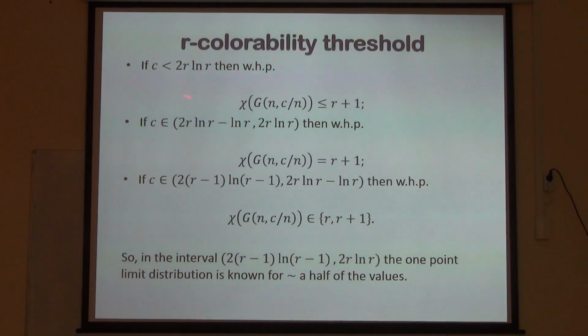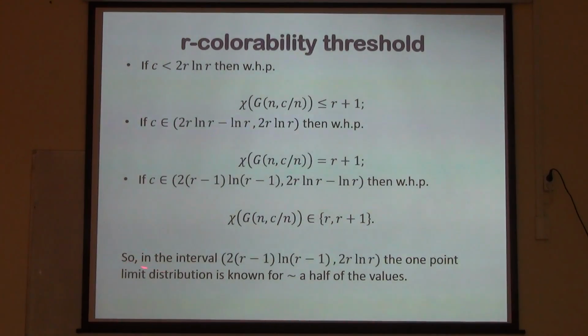The next point from the theorem of Łuczak and Nauer is 2r minus 1 log r minus 1. So between it and the previous 2r log r minus log r, we have a two-point concentration, r or r plus 1. But with what probability will we have r, and with what probability r plus 1?